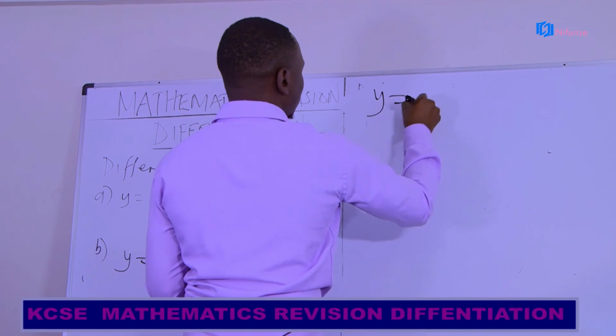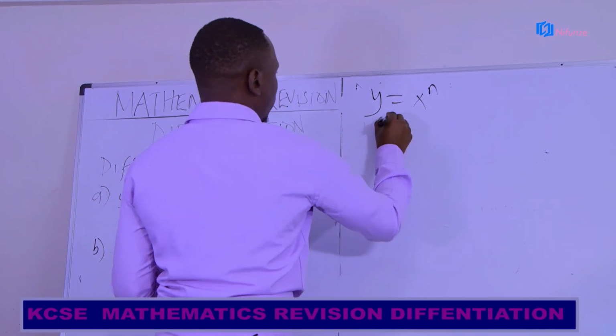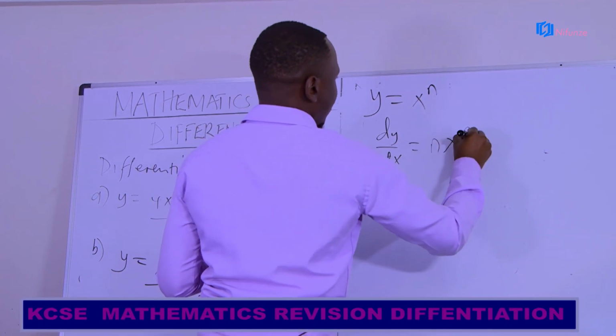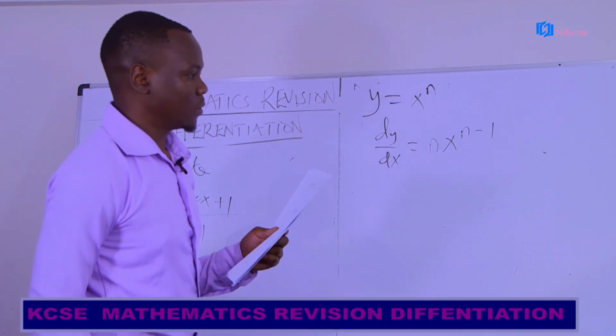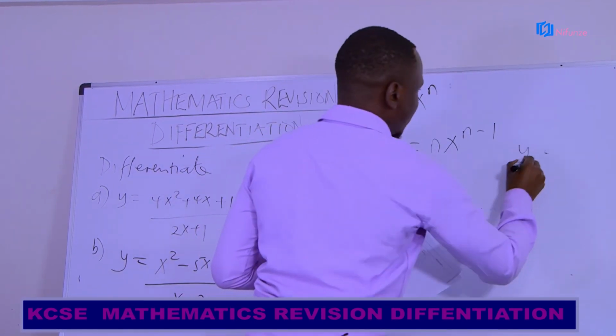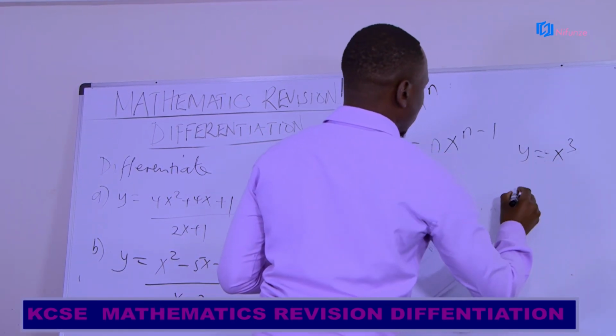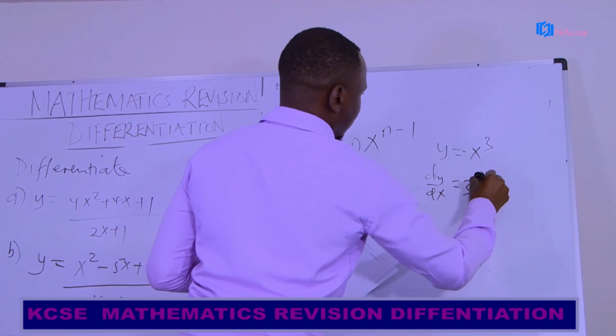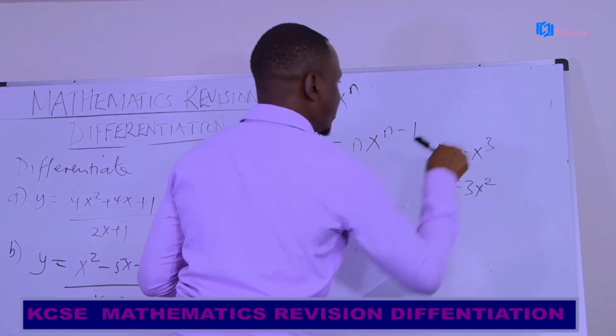So for y is equal to x raised to power n, dy over dx is equal to nx to the n minus 1. That's what we did when we said y is x cubed. So we'll say dy over dx is equal to 3x raised to power 2, 3 minus 1.